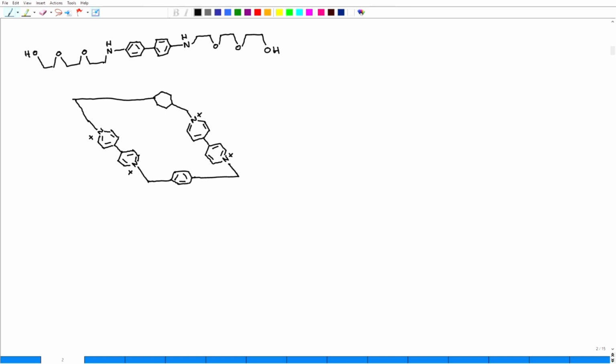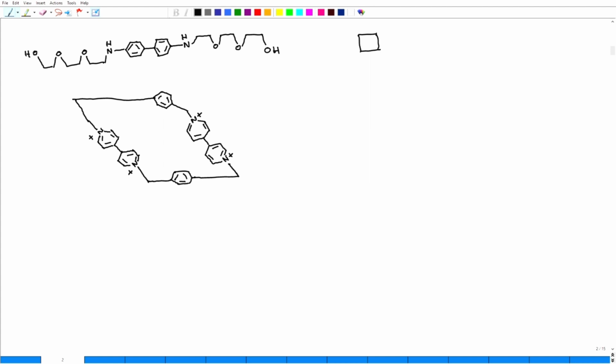Okay, so this is an aromatic also, and this is a macrocycle. I have drawn it like that, but actually you can write this macrocycle like a rectangular type.